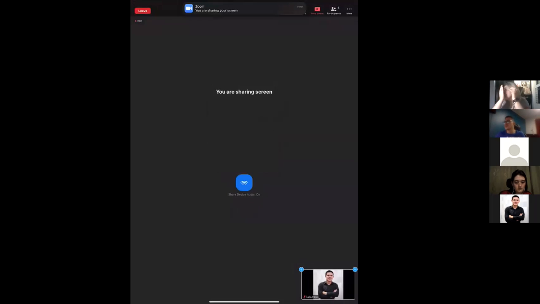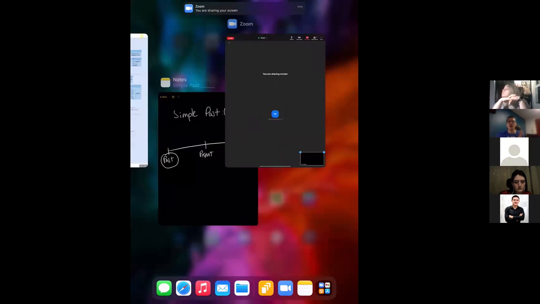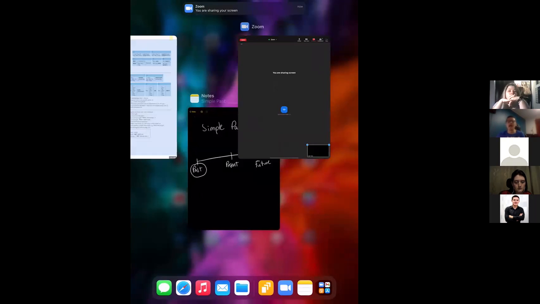Okay, so for this one, we're gonna use the second column of the verb list. How do you form simple past? Very simple.